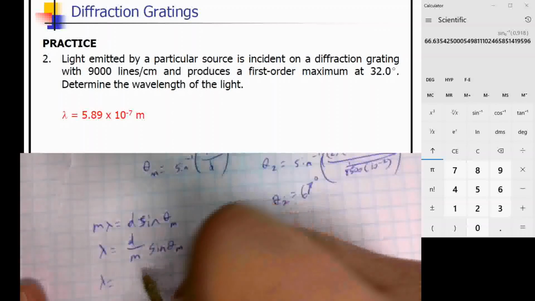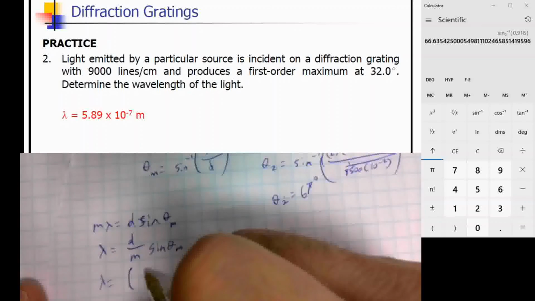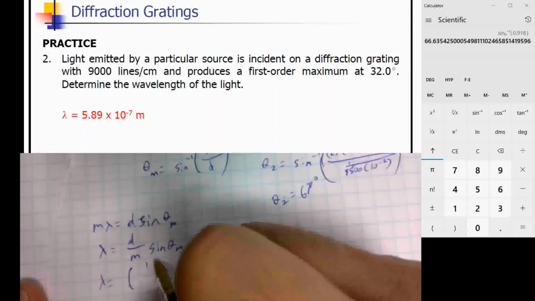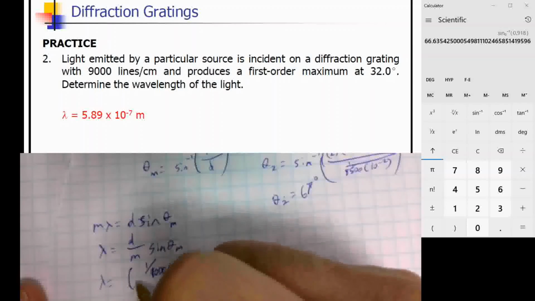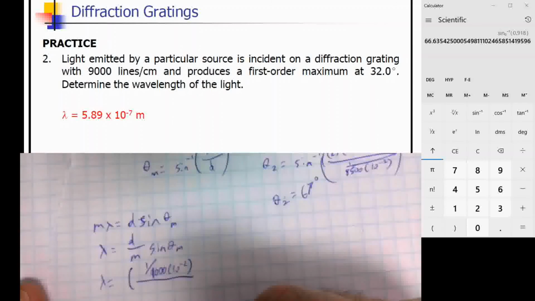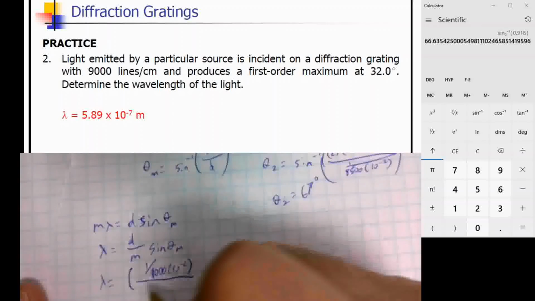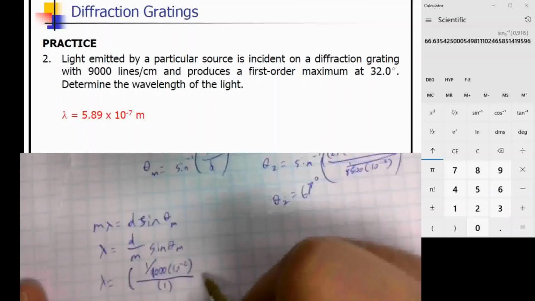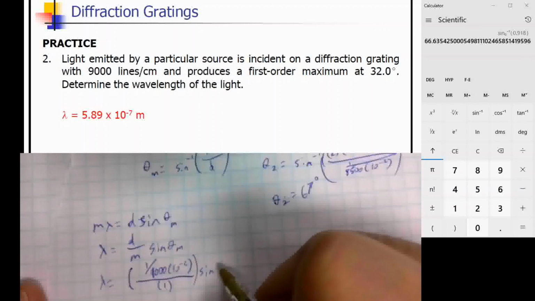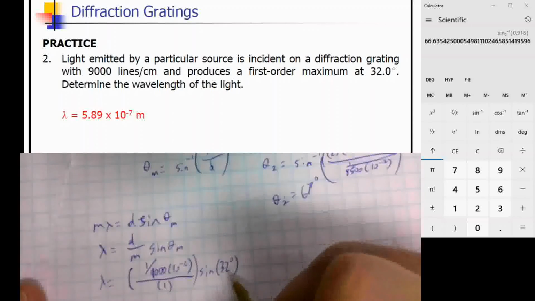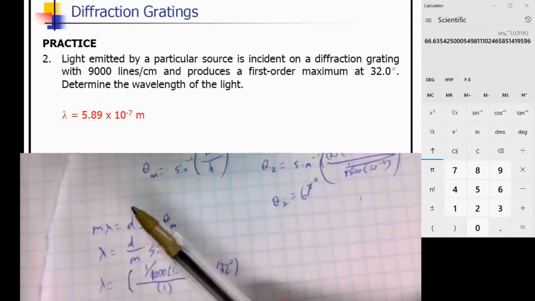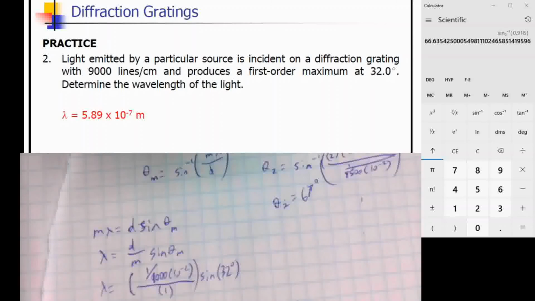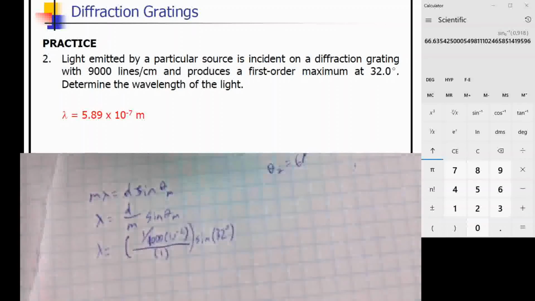My d in this case is 1 over 9,000 centimeters, and that whole thing over my m. Is this a first order? Yes, it is. So it's a 1. And then I have sine of theta m, and theta m in this case is 32 degrees. Now I would argue that this 9,000 limits us to 2 significant digits. It looks like the answer is given in 3, but we'll just write it in 2.